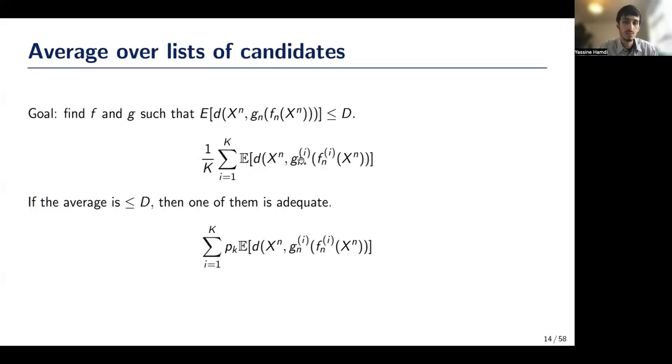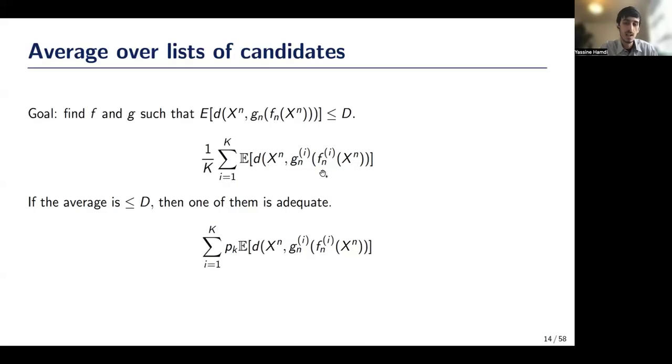So you have fn1, gn1, then you have fn2 and gn2, and you have fn3 and gn3, etc. And then you look at the average. And now a simple idea is, if this average of the expectations is less than d, the target, the goal, capital D, then for sure at least one of these expectations is going to be less or equal to D, because everything is non-negative here.